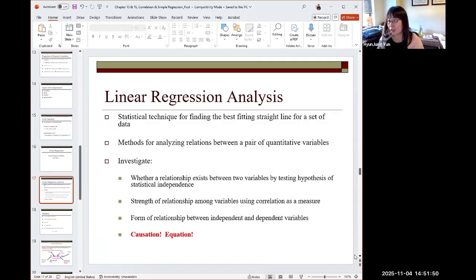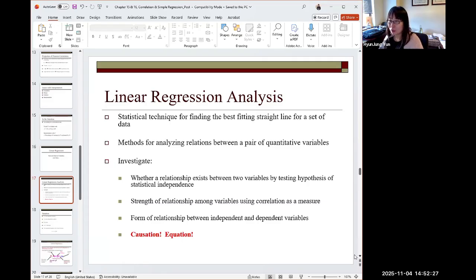So out of the regression model as well as the correlation model, we can tell whether there is some sort of relationship going on, whether it's positive or negative, how strongly they are related, and whether those relations are linear or non-linear. If it is a strong value, their linear relationship is strong. But if it is not strong, maybe it's not totally linear. So we can tell the form of the relationship.